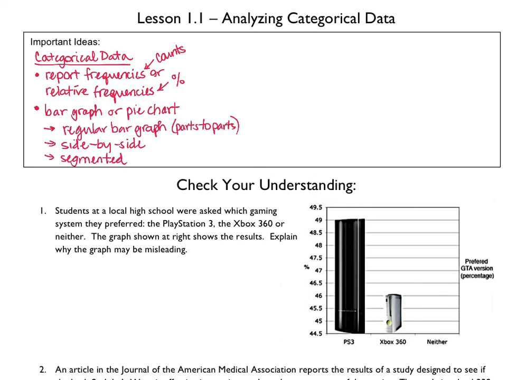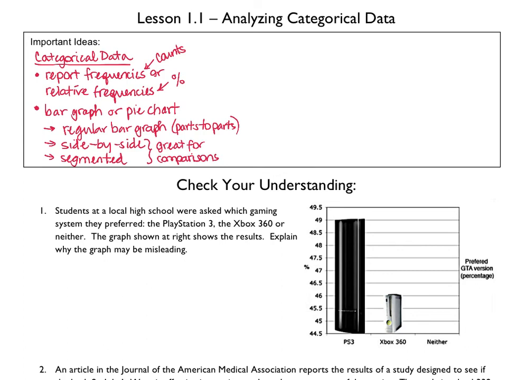If we want to compare parts to parts, we're going to use a regular bar graph. If we have to do a comparison, we can use either a side-by-side bar graph or a segmented bar graph. But if we're comparing two distributions, we're always going to want to use percent as the common denominator or relative frequency instead of counts or frequency.